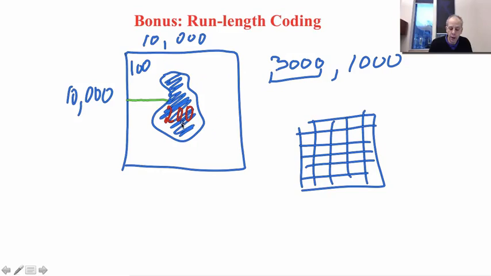It's very popular here. Even if we have more than one object, and another object here, we encode the runs. We say how many times there is 100, how many times 200, how many times again 100, how many times again 200, or any other value if needed. We encode the value and how many times it appears.